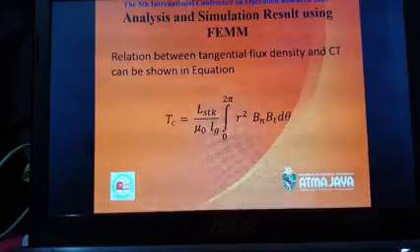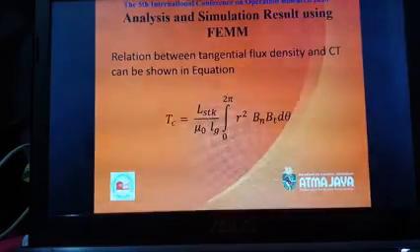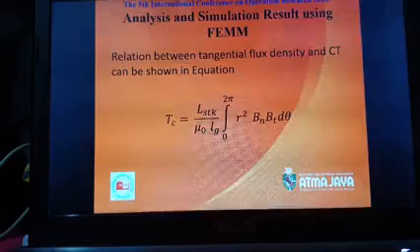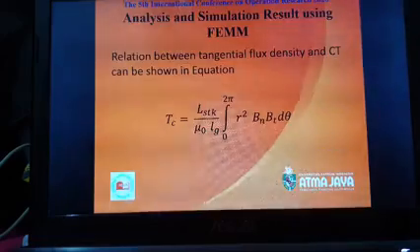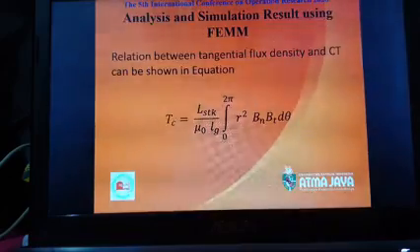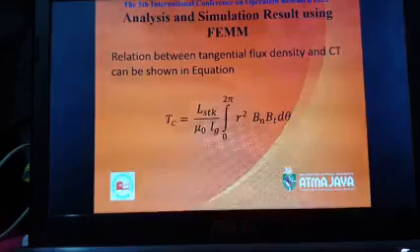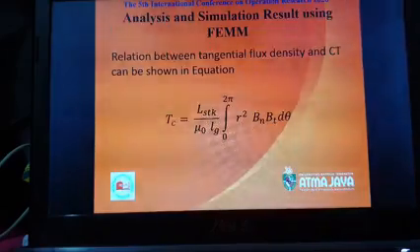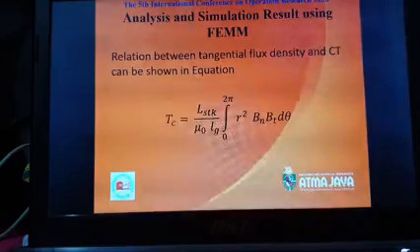For example, in a fractional slot number, as studied in this paper, the CT reduction may be easier compared with the integral slot number. In this paper, the normal and tangential flux density for the PMGs studied are analyzed and presented.